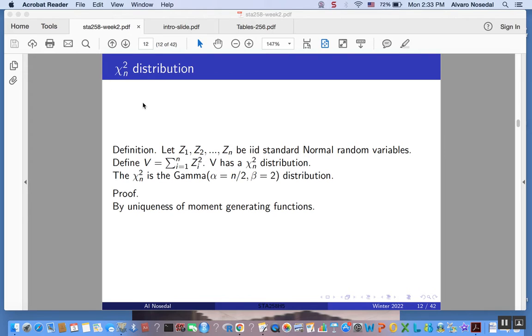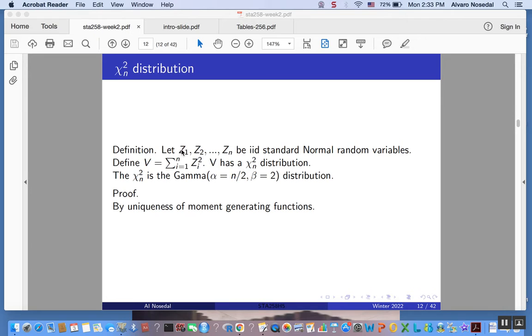So in this case, we have a random sample of n normal random variables. They are IID, meaning independent and identically distributed, and they are standard normals, meaning that they have mean 0 and variance 1.